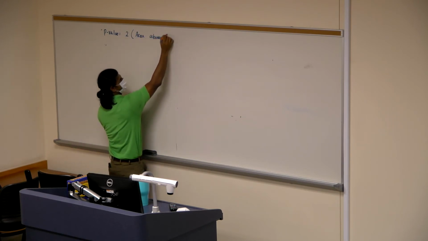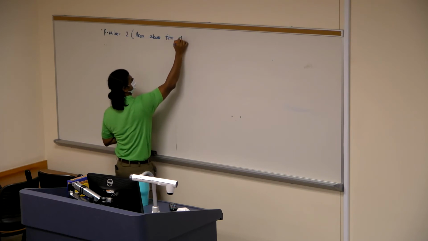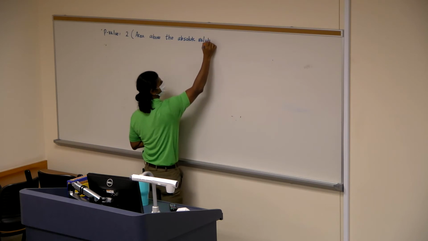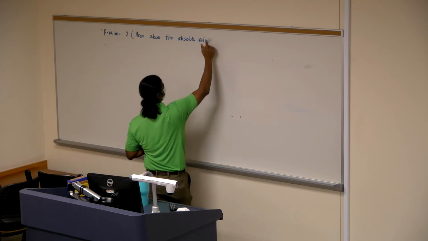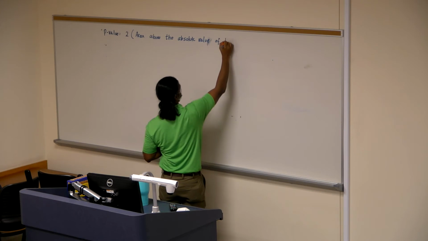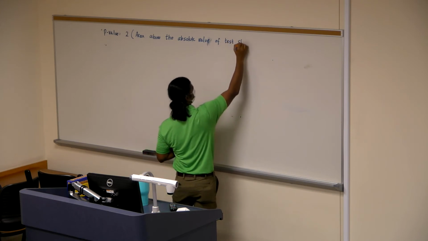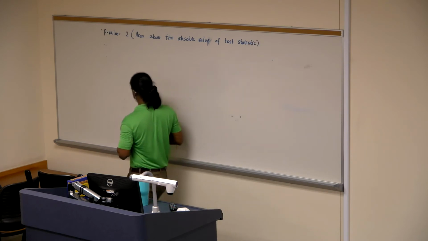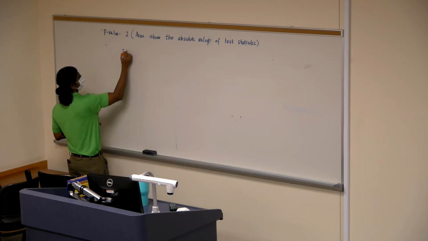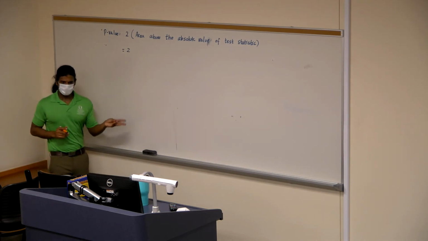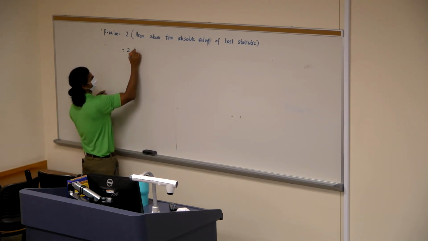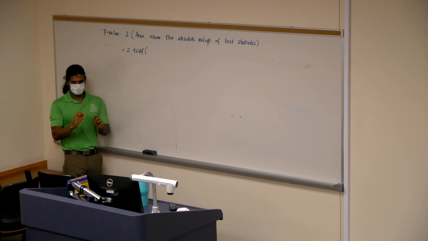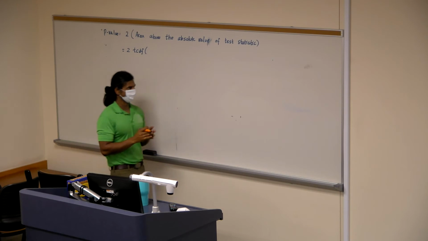And do not forget the absolute value part. So 2 times tcdf, the area above the absolute value of the test statistic.